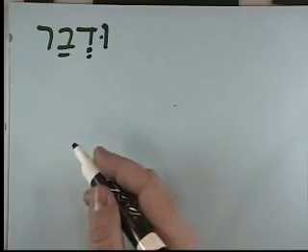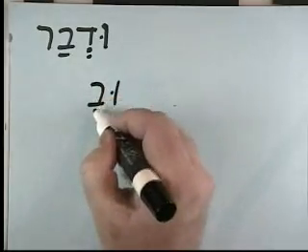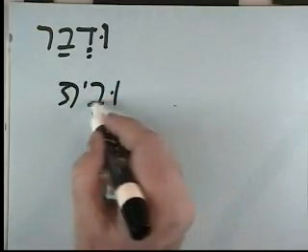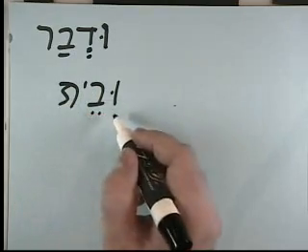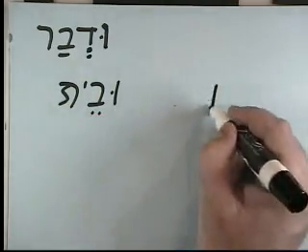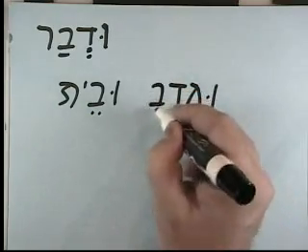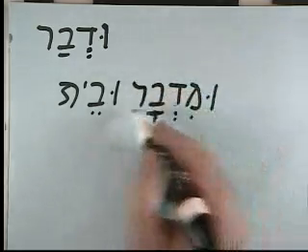Before these letters, you will also get this shurek. And the Hebrew language, they like to slide into these letters, and we would have something like uvet. So you would slide into that bait, with the V, without that dagesh, and it goes uvet. You would get umidbar.